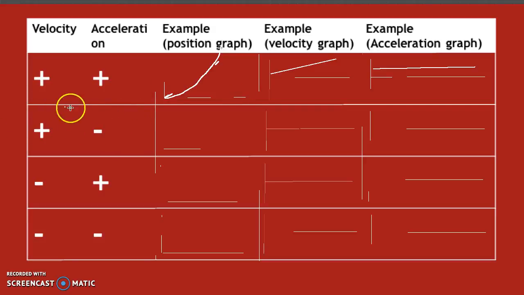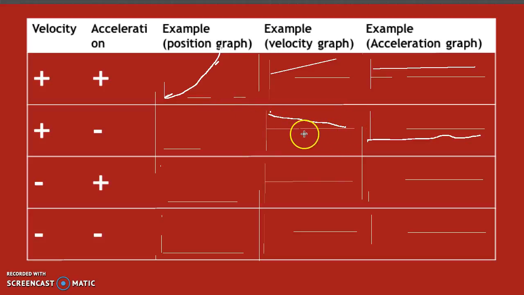In this next scenario, we have a positive velocity and a negative acceleration. Negative acceleration can look like this. Okay, if you have positive velocity but there's negative acceleration, that means you're going to be slowing down.